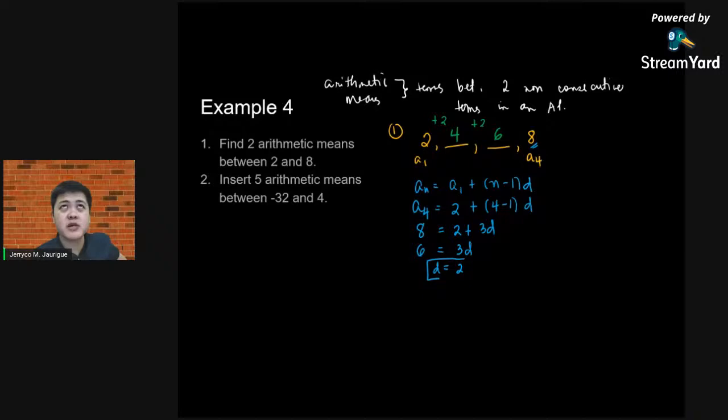Tama, may 2 ways ba? 2 ways. Obviously, you can do this. Pwede yung ganito. So I'll put the solution for number 2 here. I'll change color. Okay, for number 2. Sige, while I'm waiting for answers.